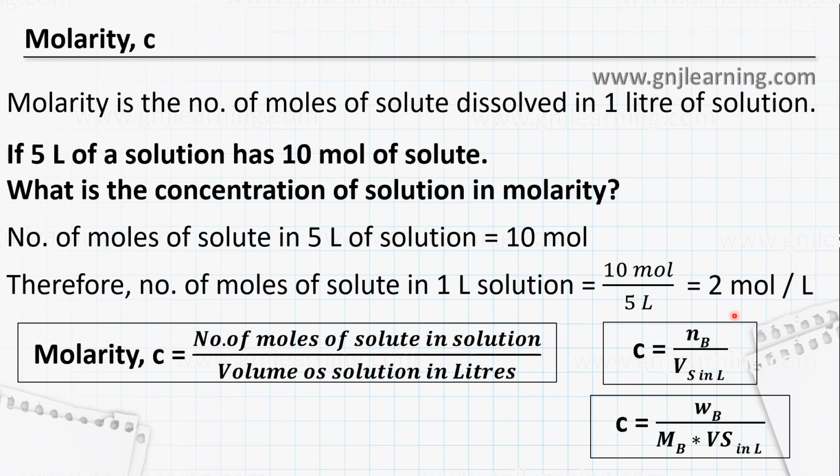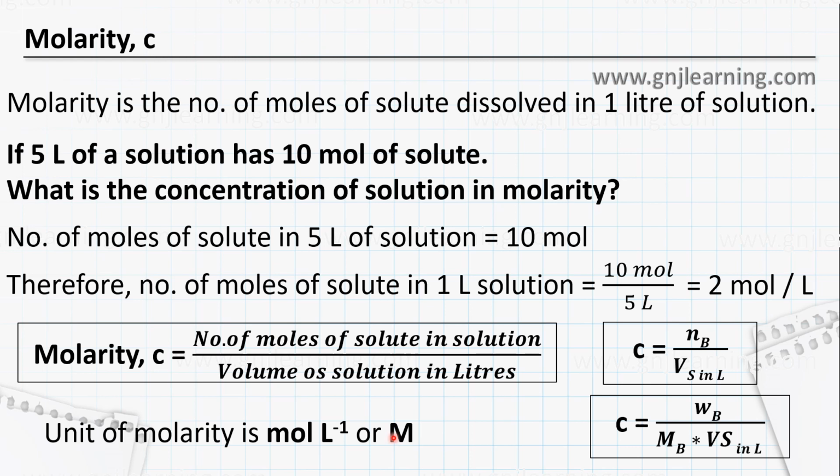Now, what is the unit of molarity? From the definition itself, it is clear. Number of moles in 1 liter, so moles per liter. That's the unit. So the unit of molarity is mole per liter. Or instead of writing mole per liter, you can simply write capital M. So this is universal.